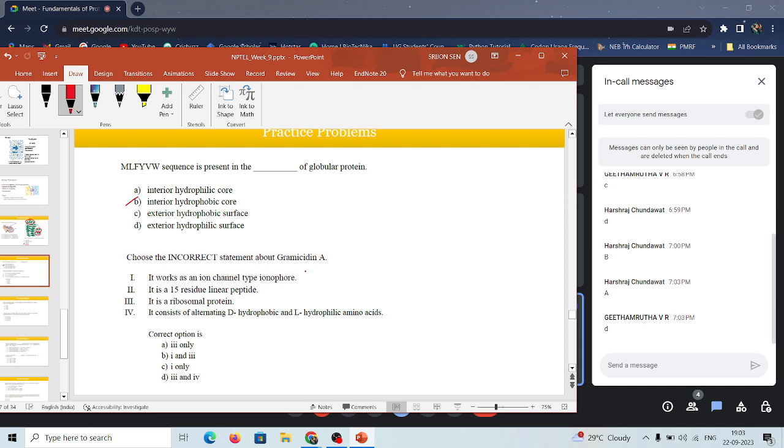Basically, gramicidin A is a channel forming ionophore that renders biological membranes permeable to specific cations and disrupts cellular ionic homeostasis. It is also a very well known antibiotic.